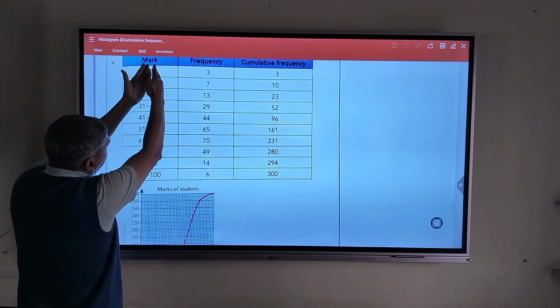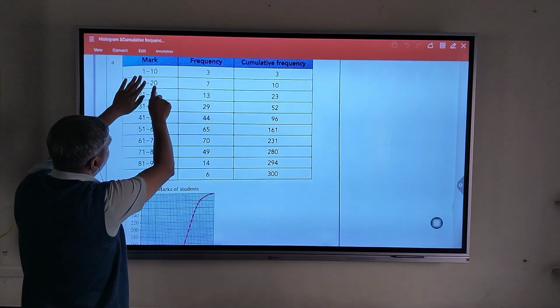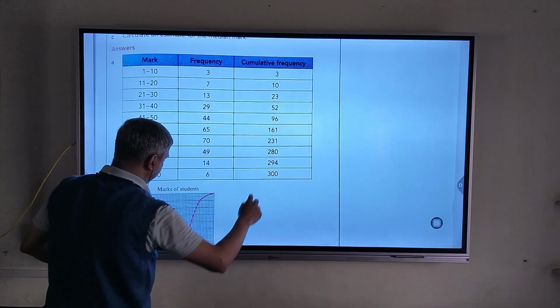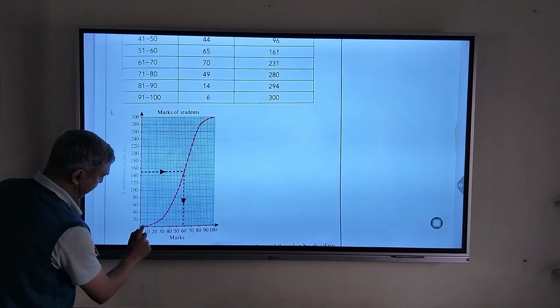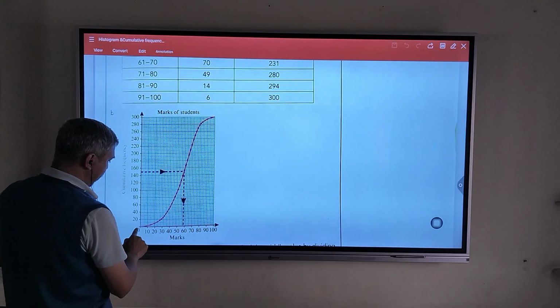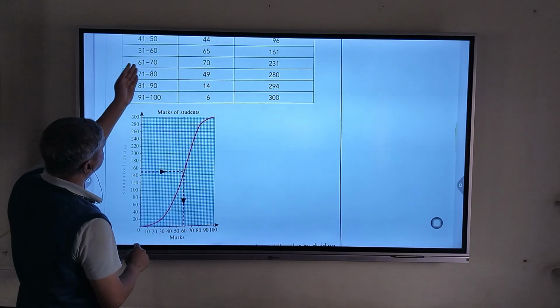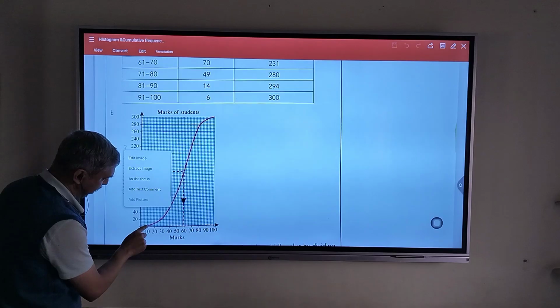So we are going to plot these numbers on the x-axis, the right hand side, not the left hand side. 10, 20, 30, 40 on the x-axis, and these numbers on the y-axis. Initially, when the first number 0 is taken, even the cumulative frequency is 0, because the third number comes here, 3.